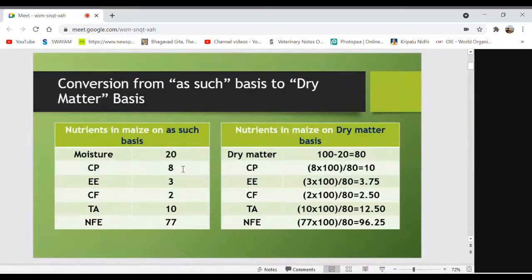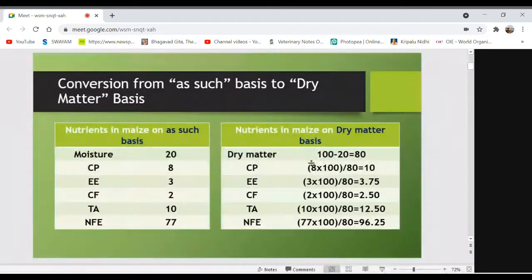Suppose in 80 gram, it is 8 gram, then in 1 gram it will be 8 divided by 80, and in 100 gram it will be 8 divided by 80 into 100. And for easiness, actually I am writing it like this.